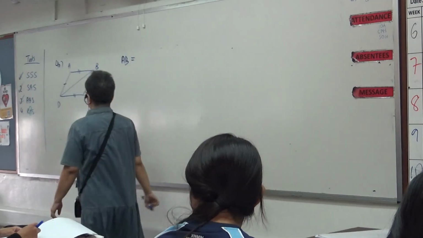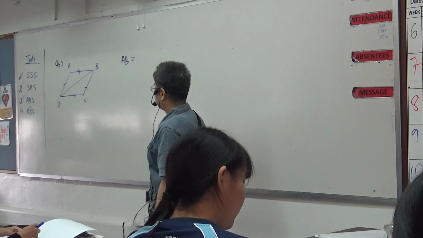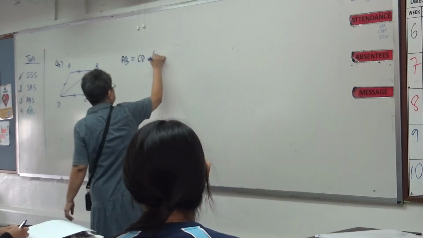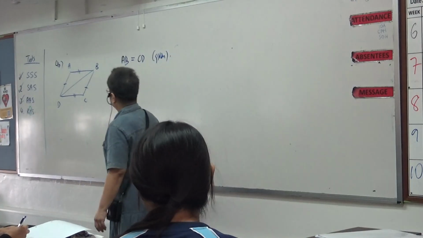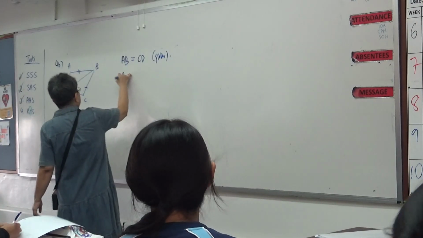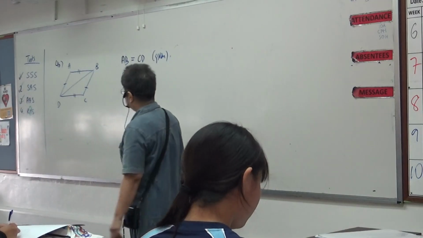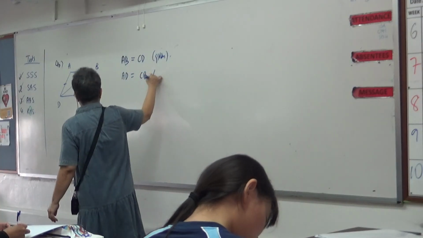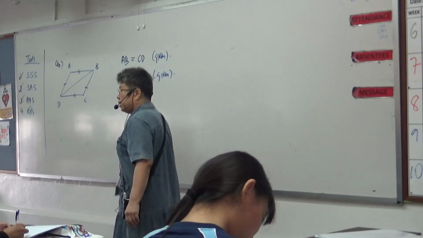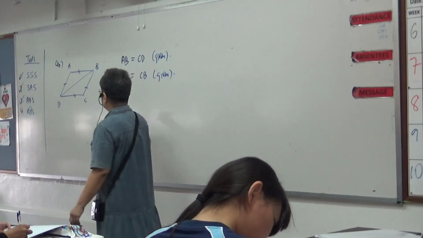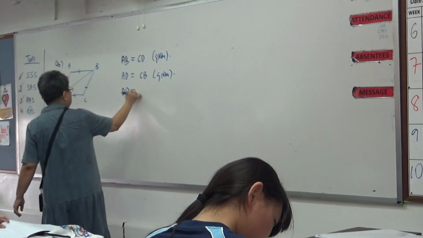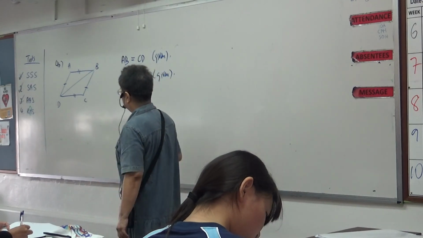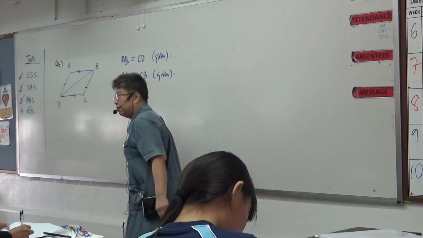AB equals to what? CB, right? This is given. What about AB? CB, right? This is given, am I right? Okay, next one. DB equals to BD, right?